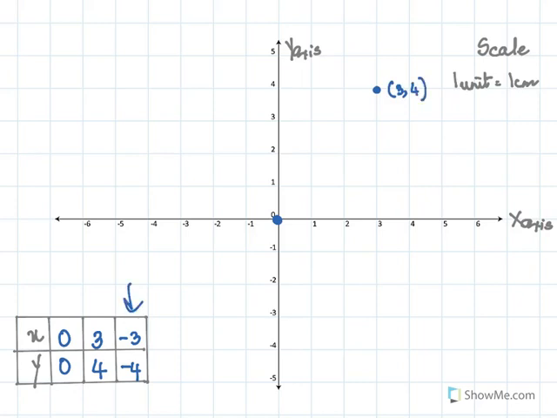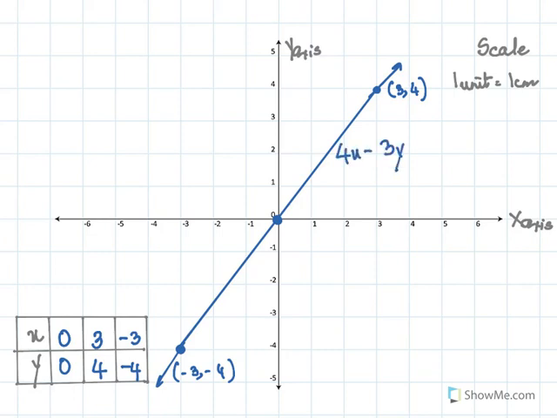Next point is minus 3, minus 4, and minus 3, minus 4 would be here. This point would be minus 3, minus 4. Now we join the points. So here's a line of joining. So this is our graph, and it is 4x minus 3y equal to 0.